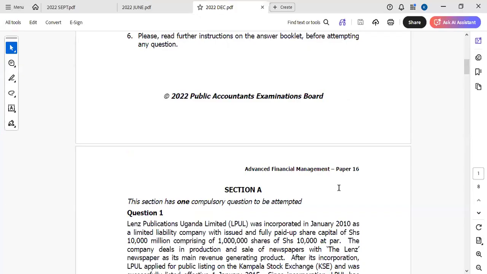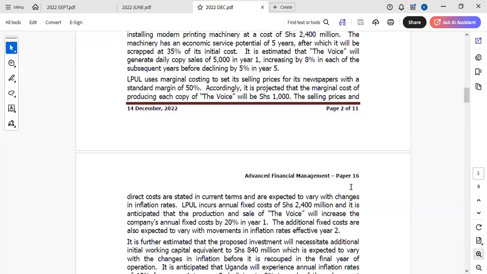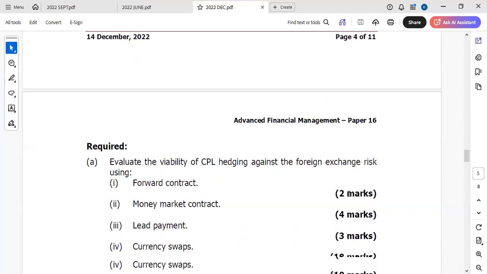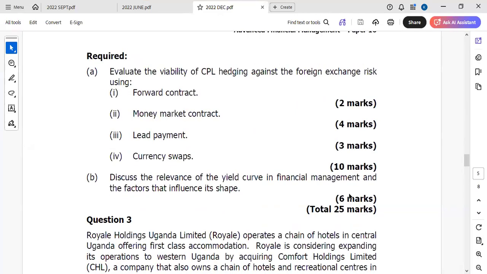Still question 2 part C. Are you seeing they are trying the same question? The relevance of yield curve and factors that influence it. Okay, the same question, same marks. 6 marks are many marks.